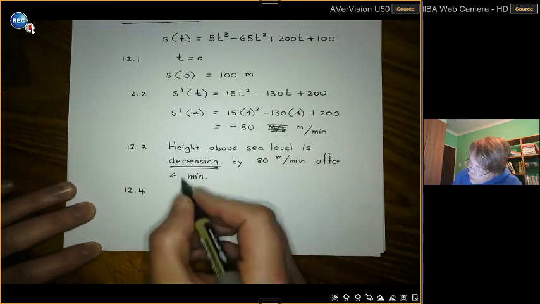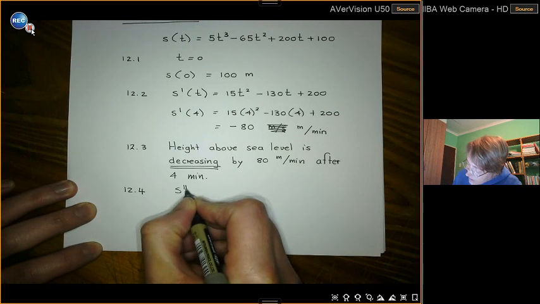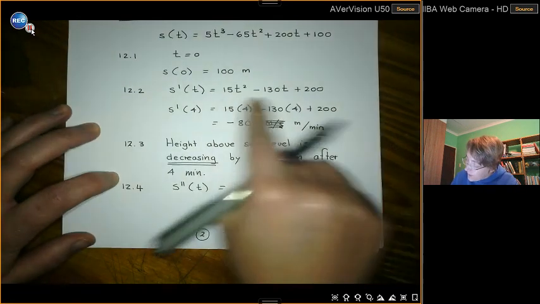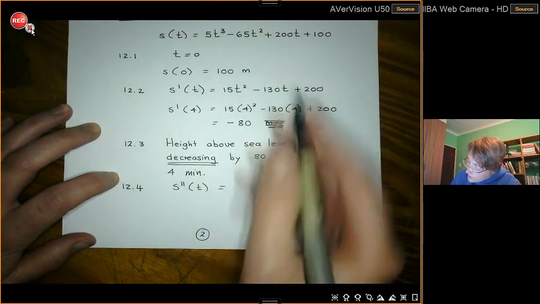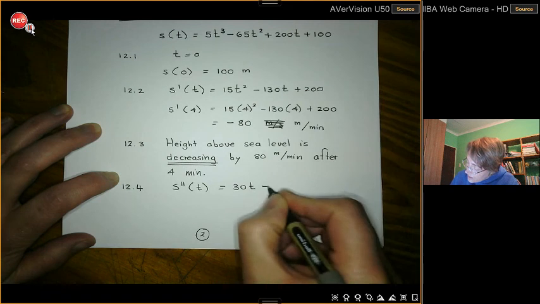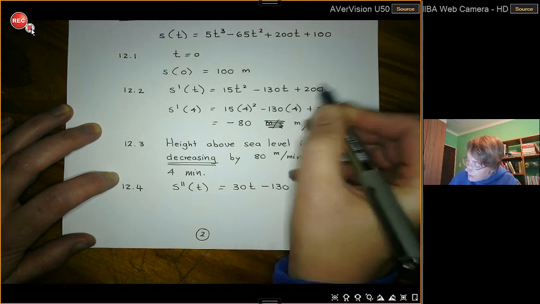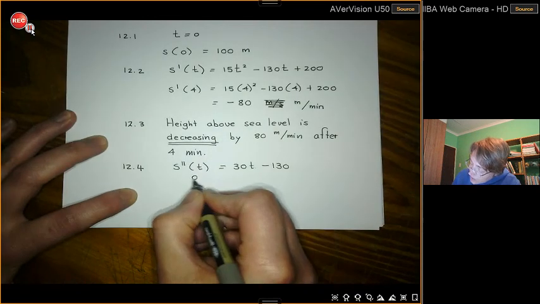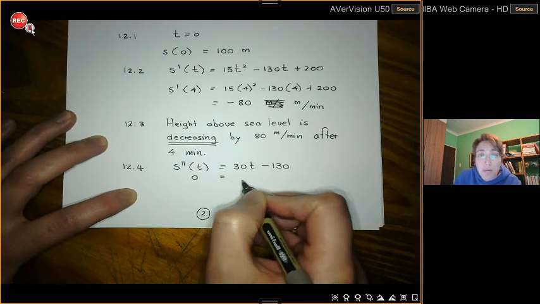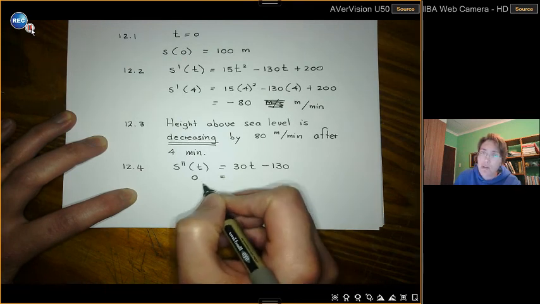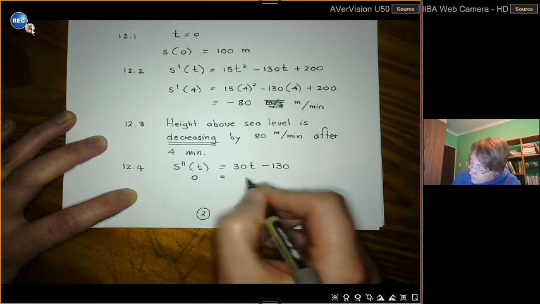So we first have to go and find that second derivative. And we'll just do it from here. And we'll say that's 2 times 15, which is 30t, minus 130. And then obviously that's a constant, so it falls away. And that's what I'm going to set equal to 0. Because I don't want to know where the height above sea level is at a minimum. I want to know where the rate of change is at a minimum. So that's why I have to set the second derivative equal to 0.